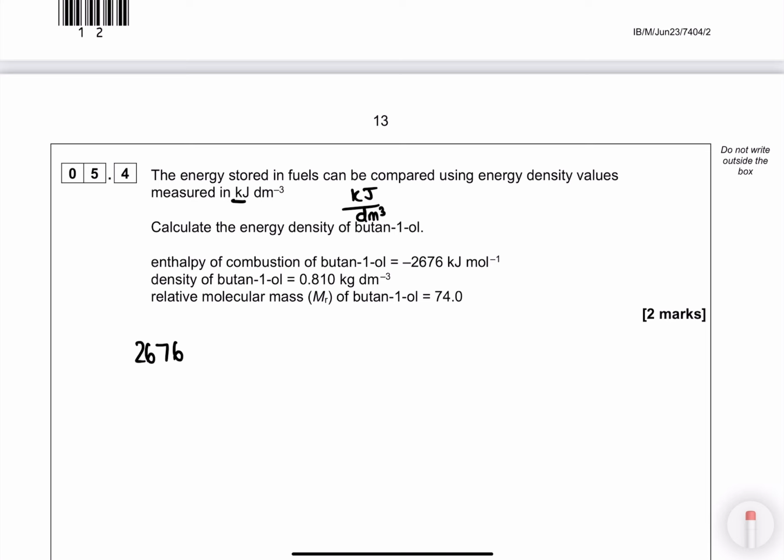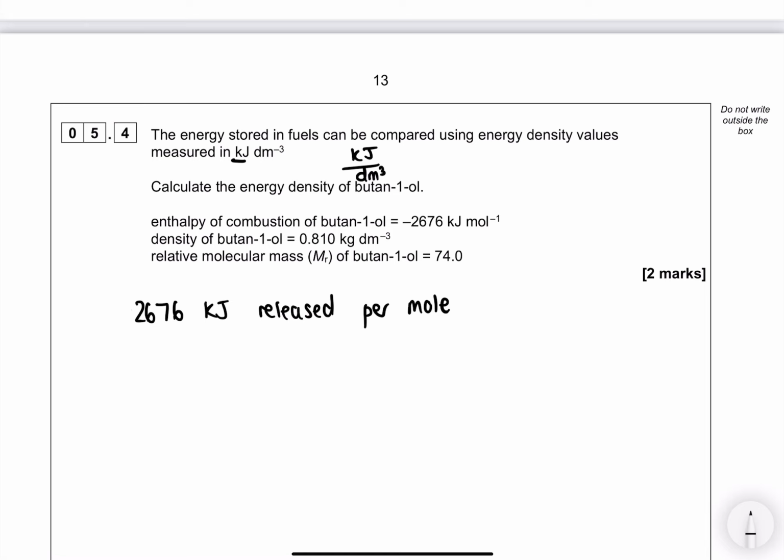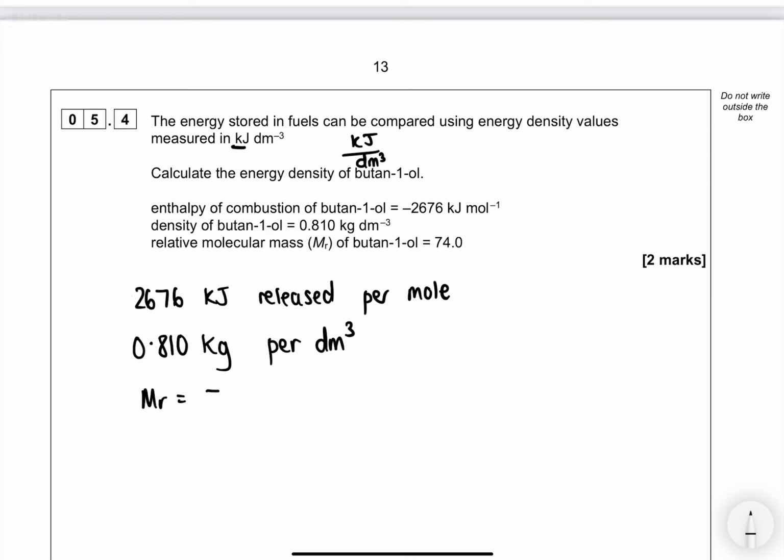So the minus means kilojoules released per mole, and then we've got the density is 0.810 kilograms per decimeter cubed, and the Mr is 74 grams per mole. So we've got to use these units to calculate this answer.